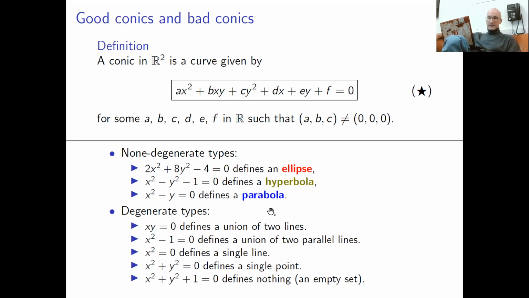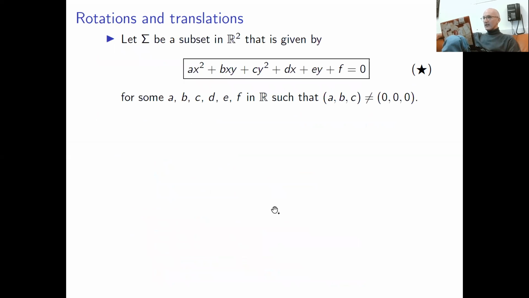So let us consider the approach to this problem. The approach is the same as we used in the first example which we considered. We just want to rotate the plane and simplify the defining equation of the curve.